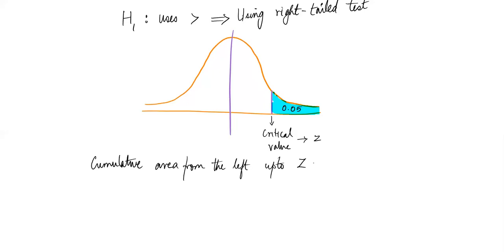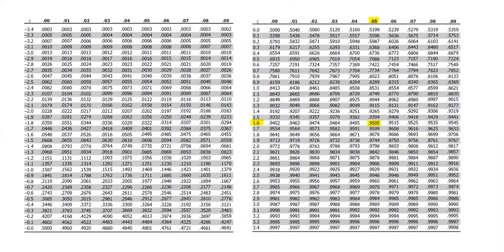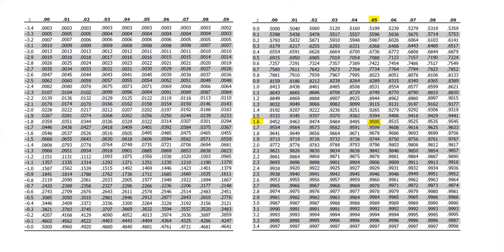Because Z is the borderline that separates it. So that cumulative area must be 1 minus 0.05. That area comes to be 0.95. So area is 0.95, right? For which you have to go to the table. In fact, we did that. So we have that left over from last lecture. So I'll just use that.